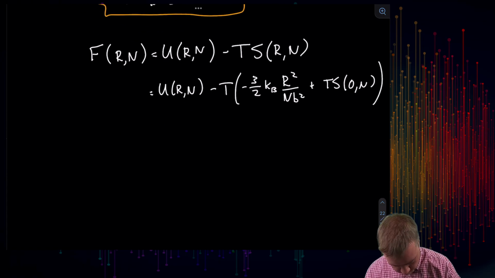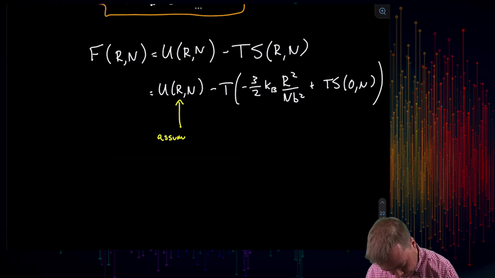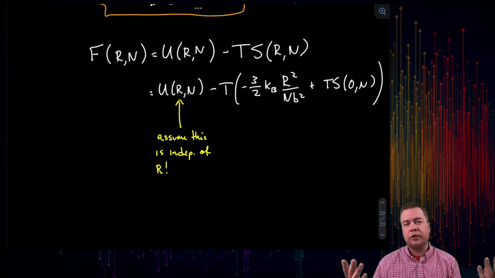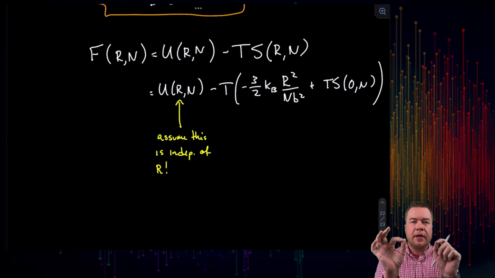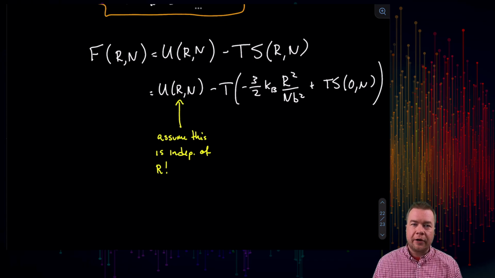And so we're going to group these things together. We're going to assume this is independent of R. In other words, the internal energy of the polymer chain doesn't depend on its size. It only depends on the number of monomers and how much they're jiggling around, right?